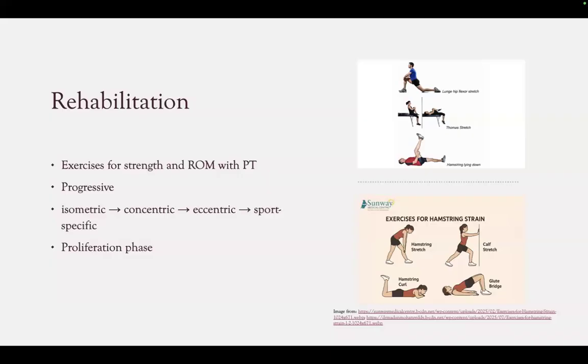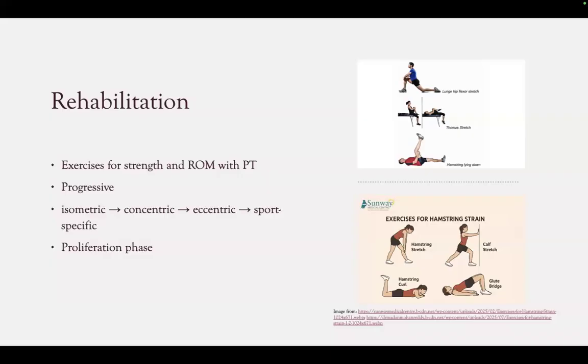We can do isometric hamstring exercises, for example, lying on the stomach, bending the knee, and gently contracting the hamstring without moving the leg, so the muscles are getting engaged. We are doing just 3 to 4 sets, maybe 10 reps, 1 to 2 sessions a day.